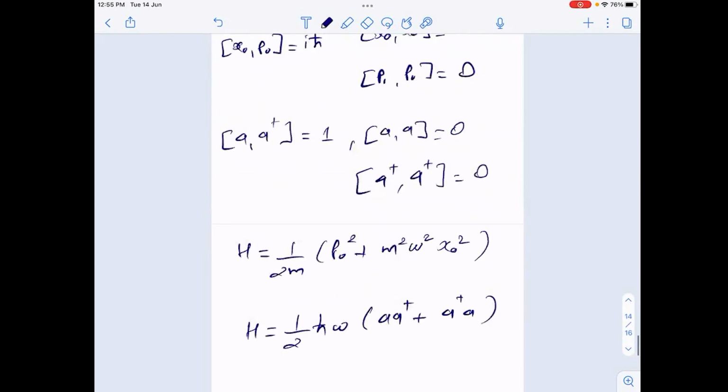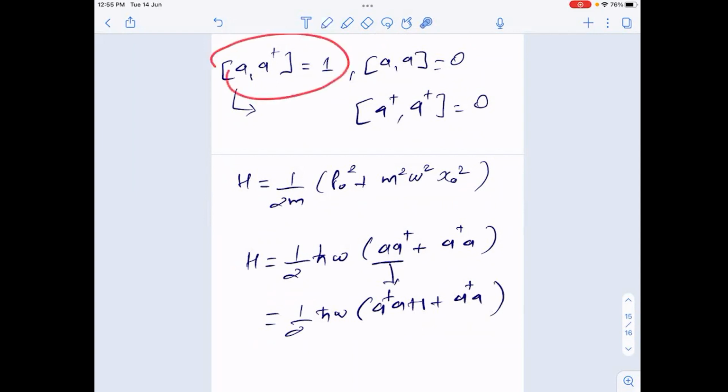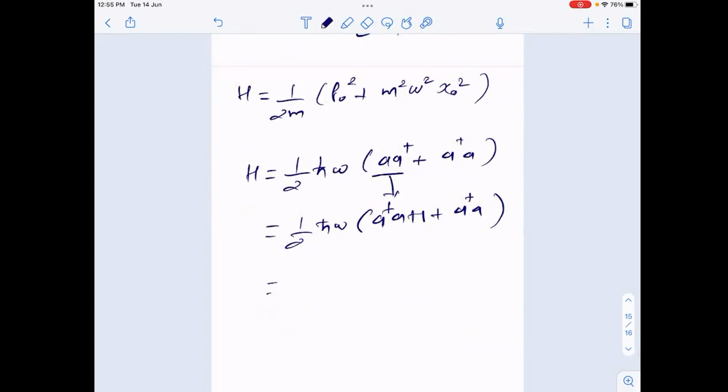Now, here we know this relation: A A dagger minus A dagger A is equal to 1. So I can use this to rewrite the first term. So I will use that to write 1 by 2 ħω times (A dagger A plus 1 plus A dagger A). Correct? From this relationship. Yes. Okay. Simple. So this is turning out to be ħω (n plus 1 by 2).